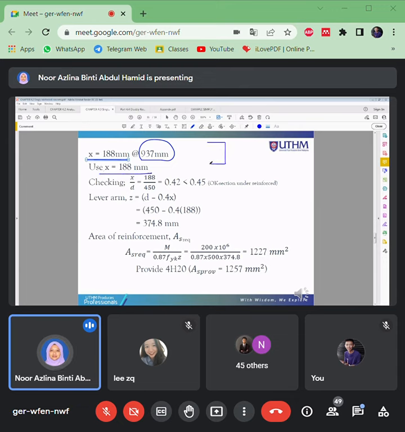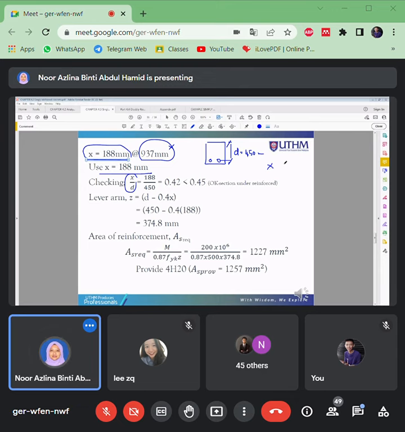Okay, the effective depth is 450 mm, right? So this is not logical. So that's why you have to use X equal to 188 mm. But you have to check the limitations to ensure that they still achieve the yield strength, right?